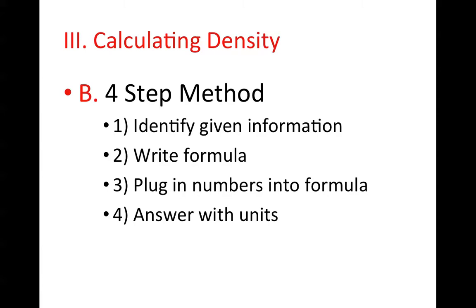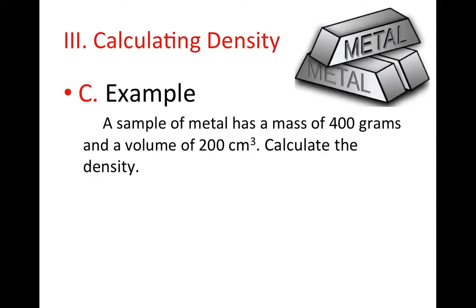Okay, continuing on page 51. Here's an example, right? See example. And you need to write down this whole example. So here it is. A sample of metal has a mass of 400 grams and a volume of 200 cubic centimeters. Calculate the density.